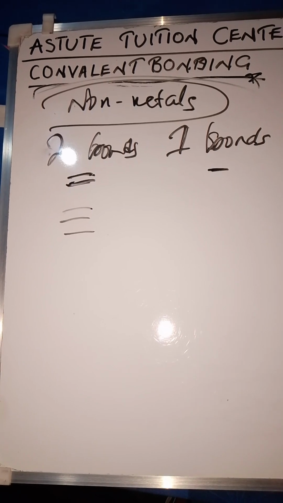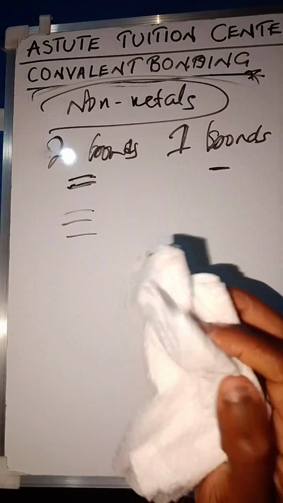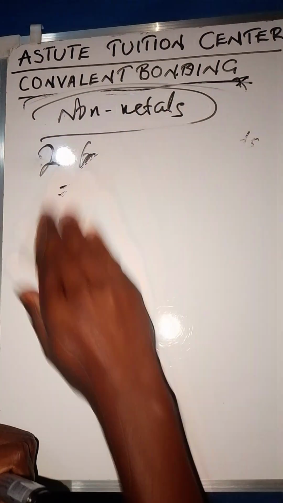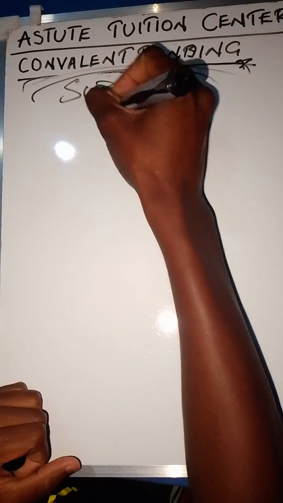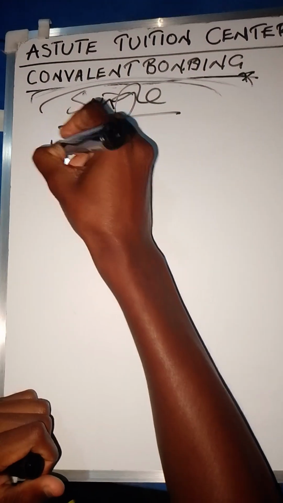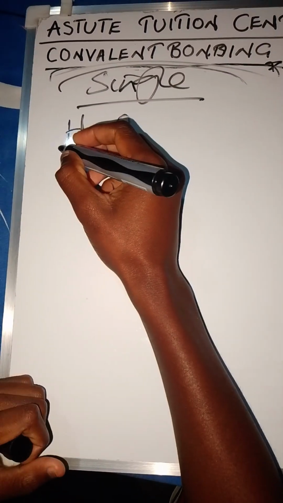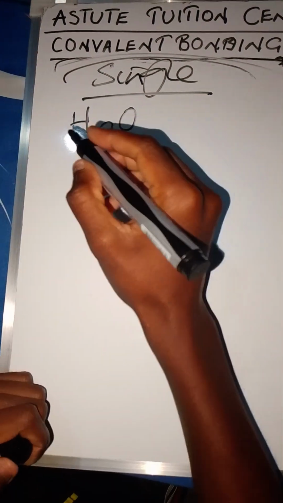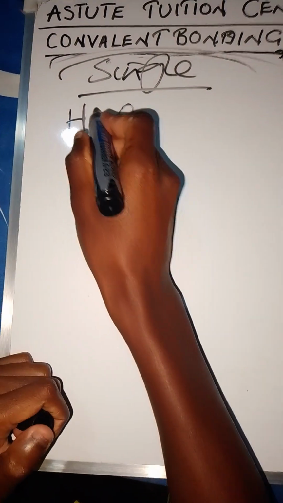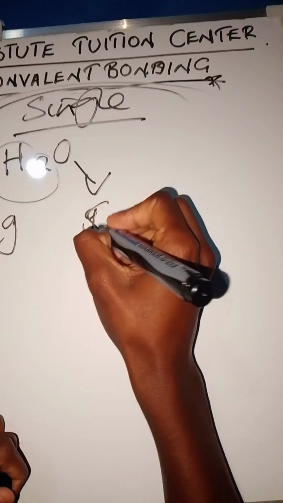Let me give a few examples of covalent bonds of non-metals. I'll start with the ones which have single bonds. For example, let's do water. The chemical formula for water is H2O. Hydrogen is a gas and oxygen is a gas as well.